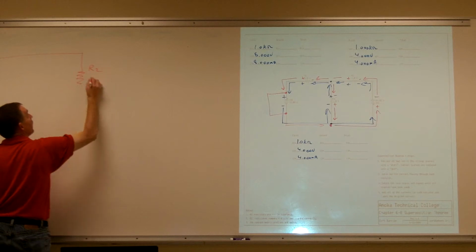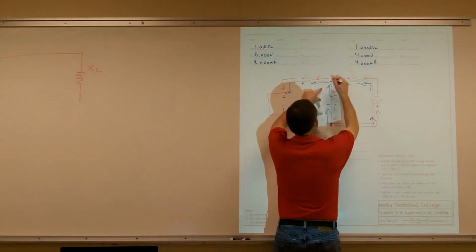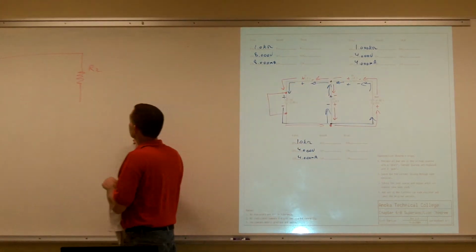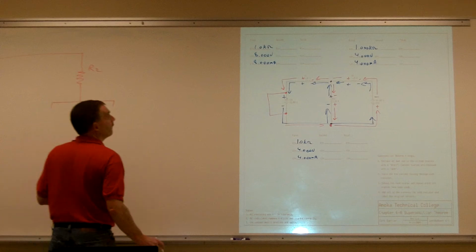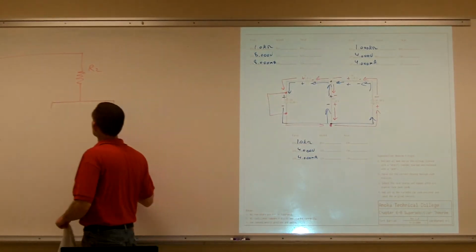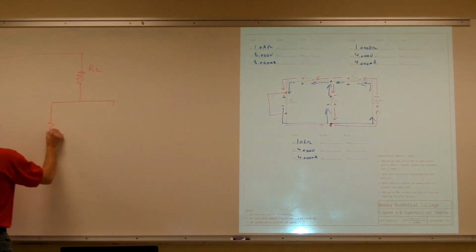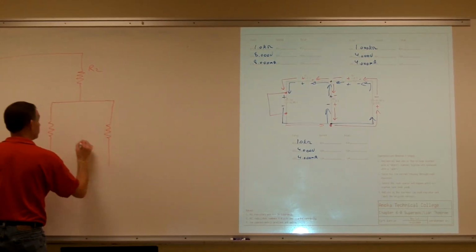So here's R2. All my current is going to go through R2. Then it's going to split. So I force myself to split. Some of it's going to go through R3, and some of it's going to go through R1.